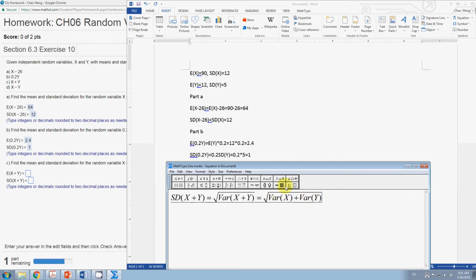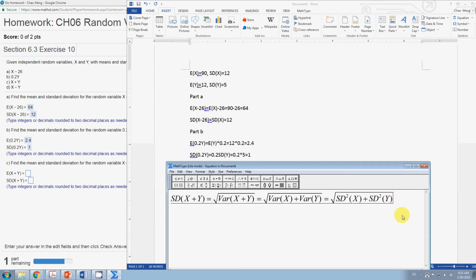Okay, but still we don't have the number for variance. We only have the numbers for the standard deviation. So let's apply the relationship between the variance and standard deviation again to translate the variance to standard deviation. So the variance is equal to standard deviation squared. So the standard deviation of x, let's have a square, okay, and plus the standard deviation of y squared.